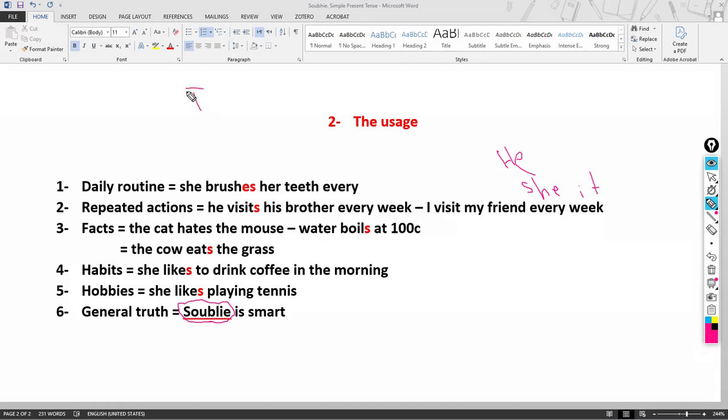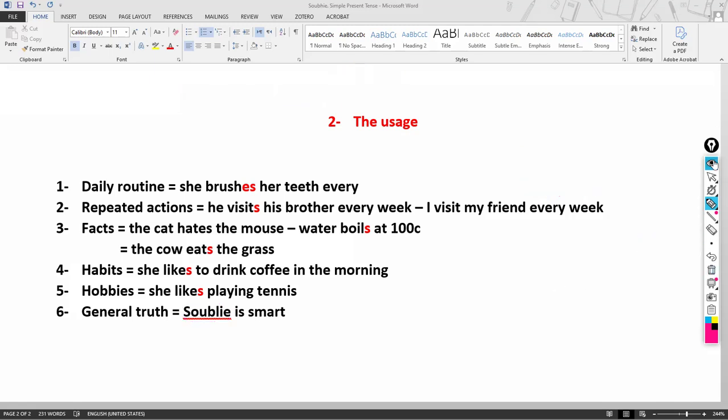But with I, you, we, they, and plural nouns, do not add anything. You have to keep the verb as it is. I, you, we, they. And don't forget the plural noun, because with the plurals, I don't have to add anything at the end of the verb. Okay? Thank you so much.